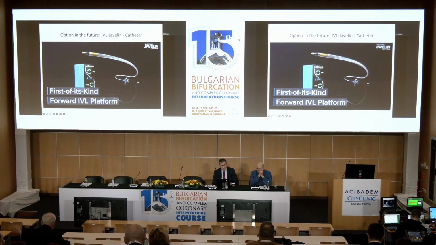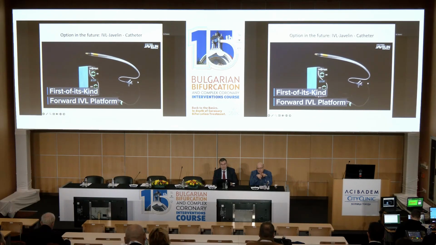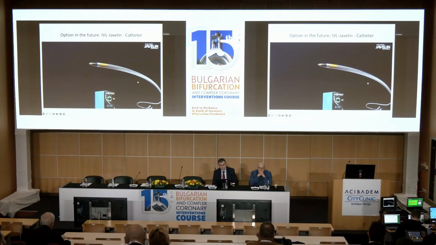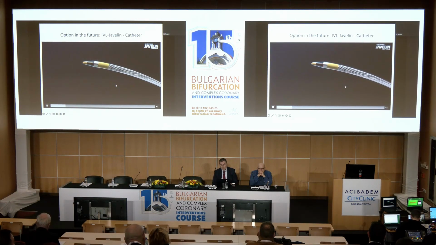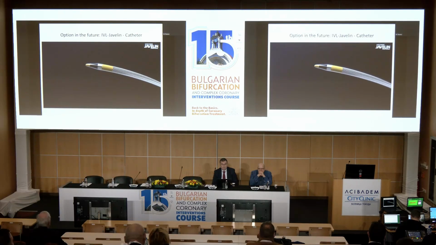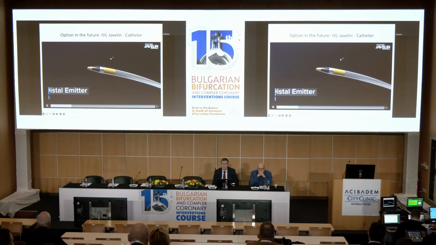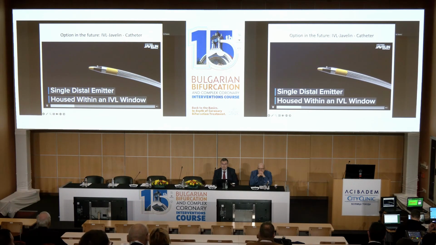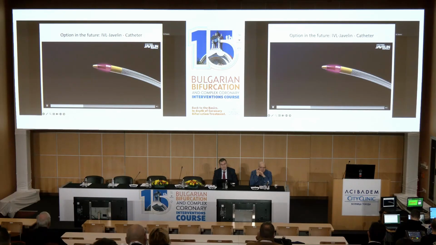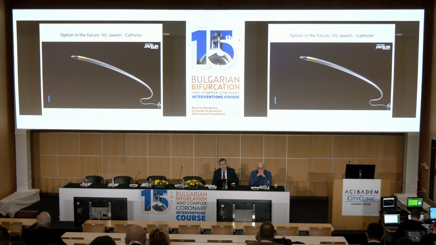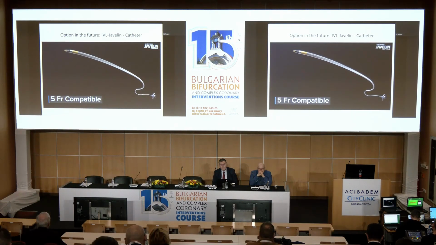And for some special lesions, when we can cross the lesion with a wire, I think this Javelin IVL catheter will be very useful in the future. There is an emitter here in the proximal part, and you can go ahead and give shockwave forward, so you can probably manage a big part of uncrossable lesions with this device.